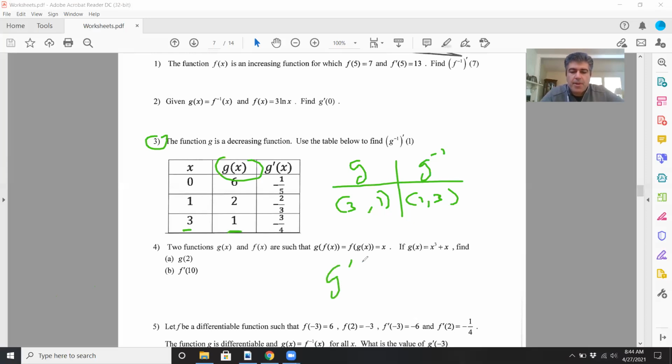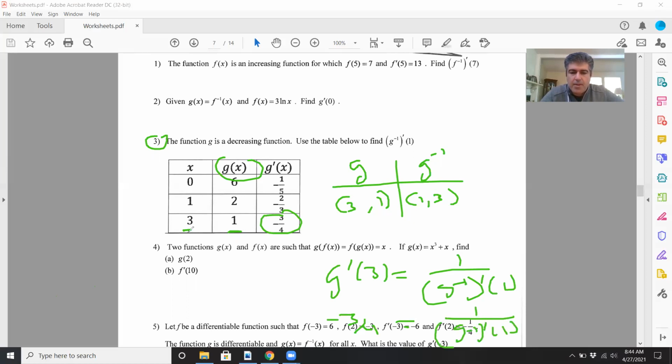Therefore g prime of 3 must equal 1 over the derivative of the inverse evaluated at 1, because 1 is the input for the inverse and 3 is the input for the original. Do I know g prime of 3? Absolutely, it's -3/4. And it's the reciprocal of the derivative of the inverse evaluated at 1, so that's going to be -4/3.